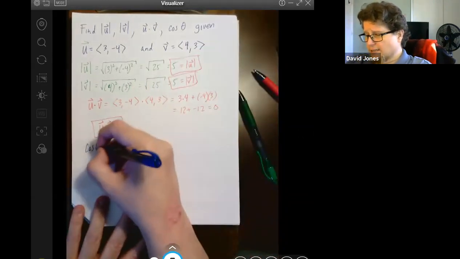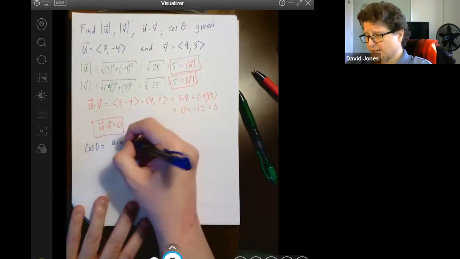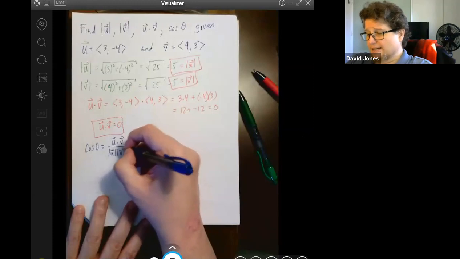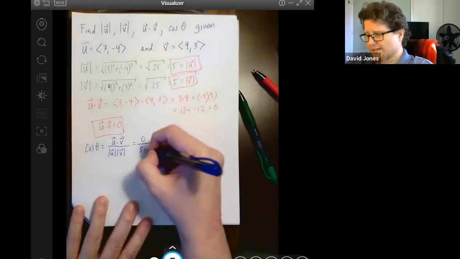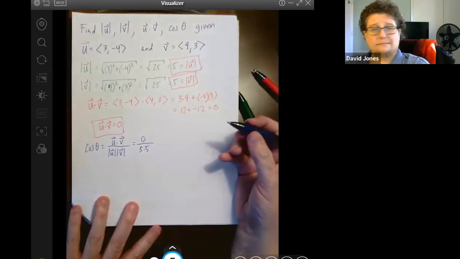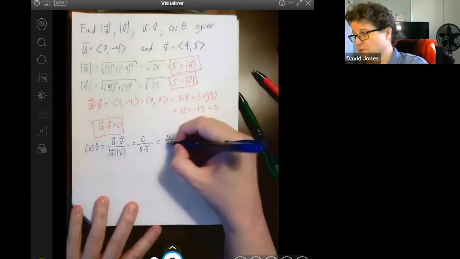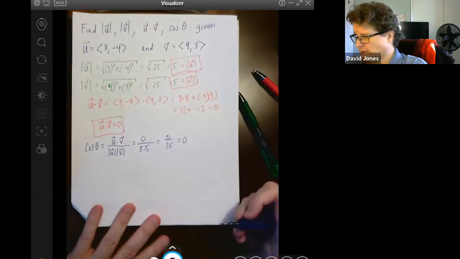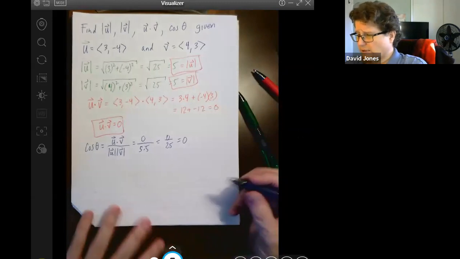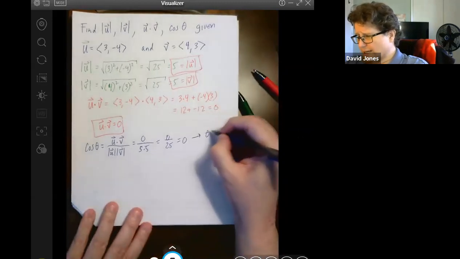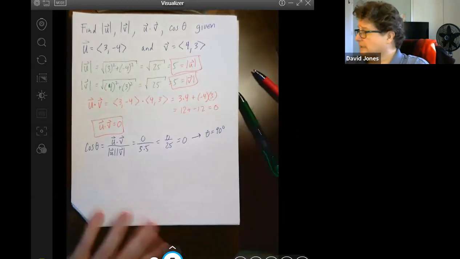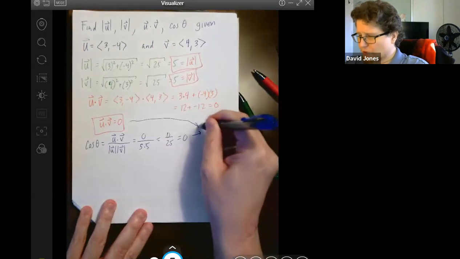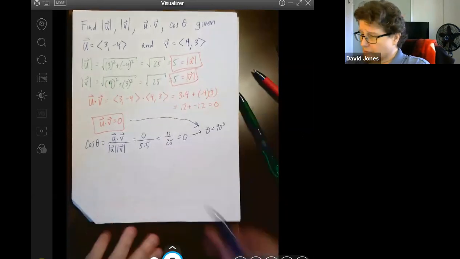Cosine of theta is u dot v over magnitude of u, magnitude of v, 0 over 5 times 5. 0 over 25 is just 0. Which tells us theta equals 90 degrees. And we knew that from u dot v too. That also told us theta equals 90 degrees.